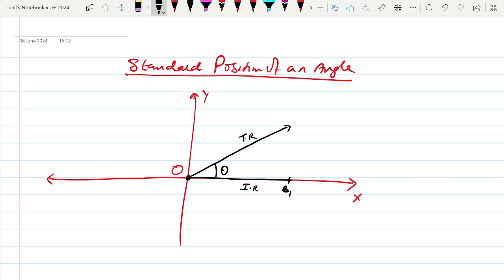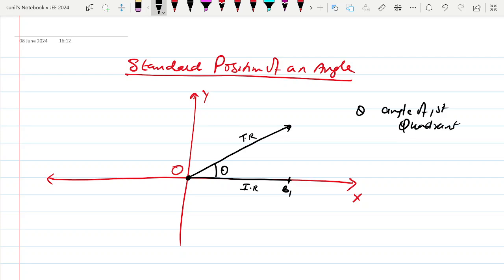Now, where does this terminal ray lie? The terminal ray lies in the first quadrant. So the address of the terminal ray is the first quadrant, and here theta is known as an angle of the first quadrant.